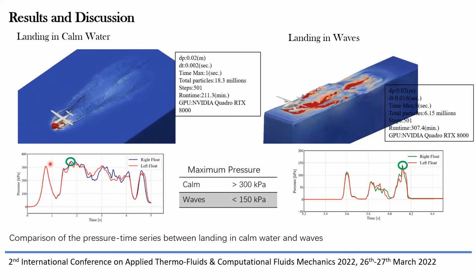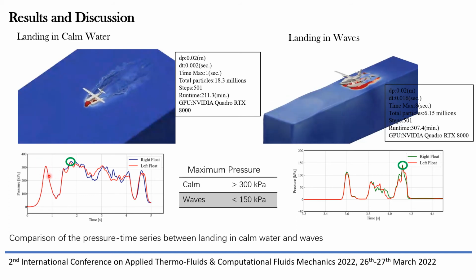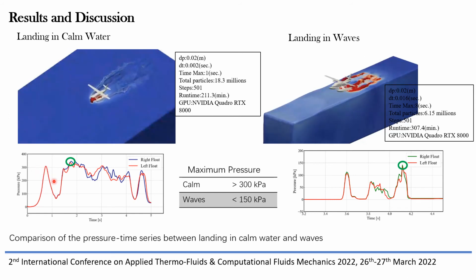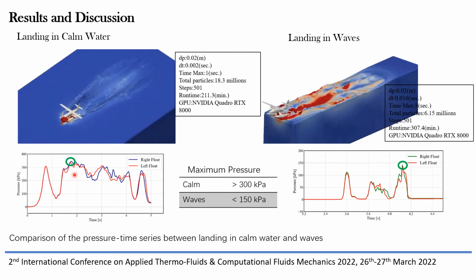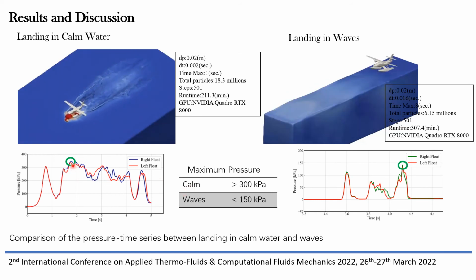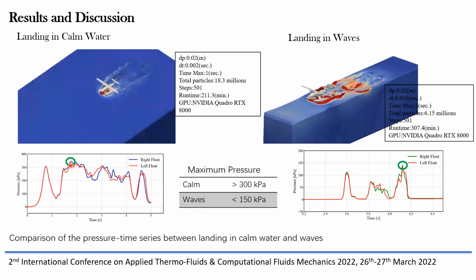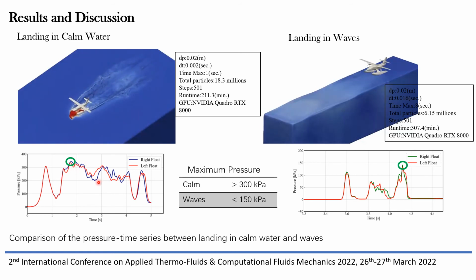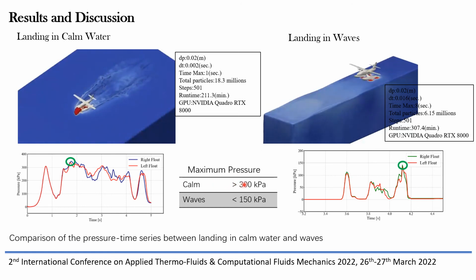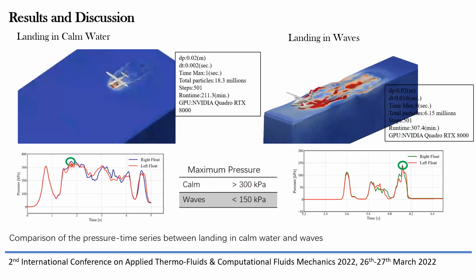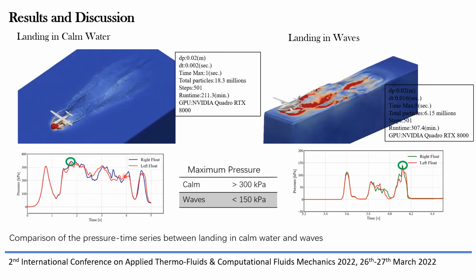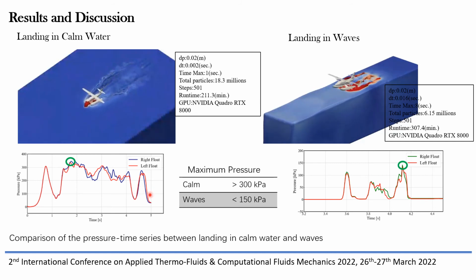We can see the first impact here after the seaplane lands, and then the peak pressure in calm water is in the second impact here. The value is over 300 kilopascals, and after that the steady pressure occurs until the seaplane takes off.